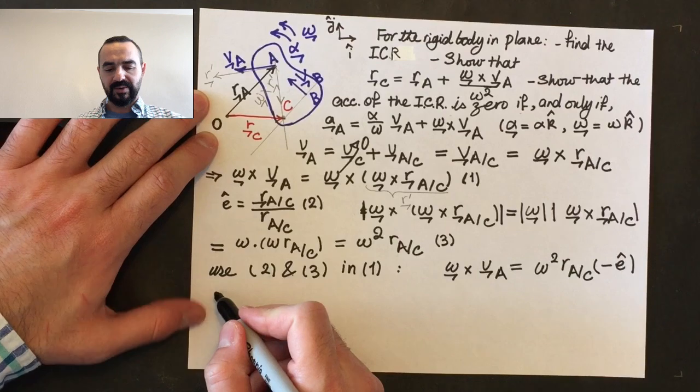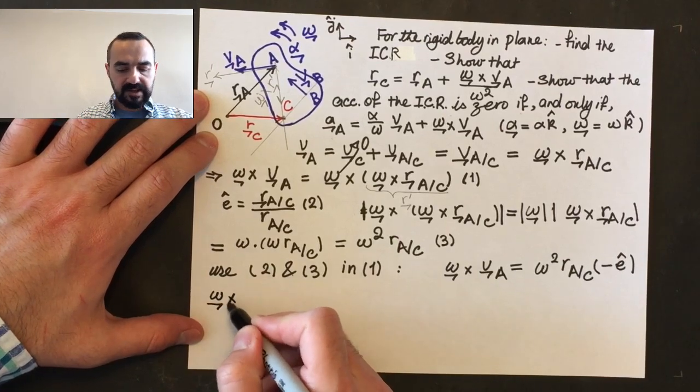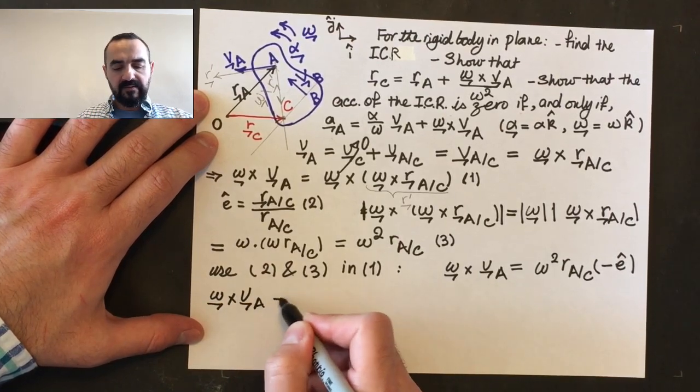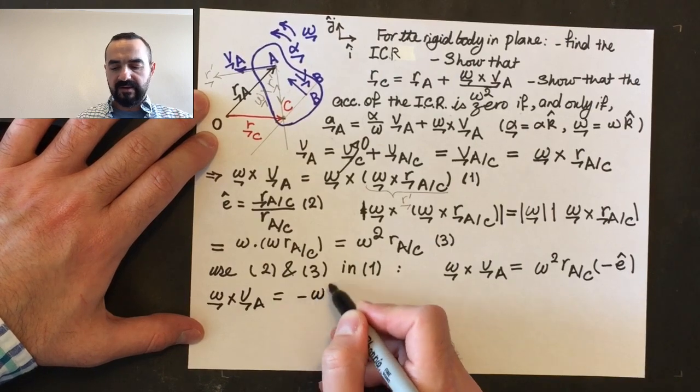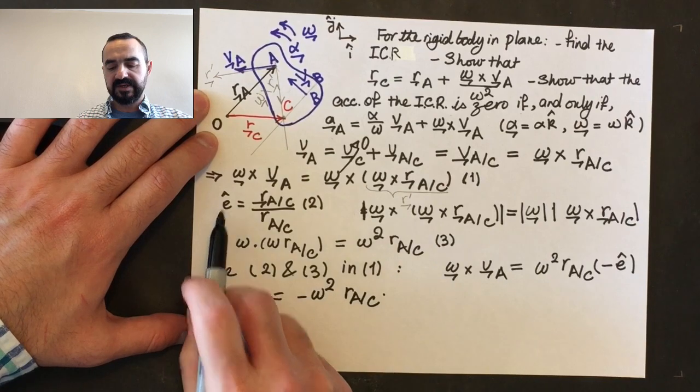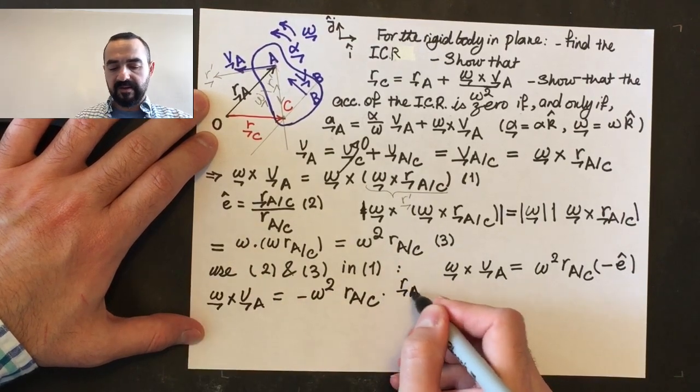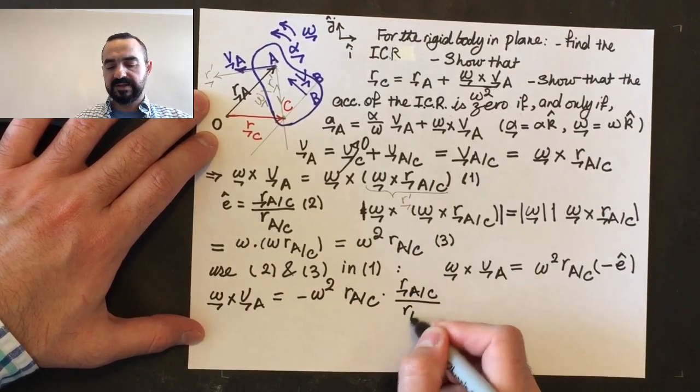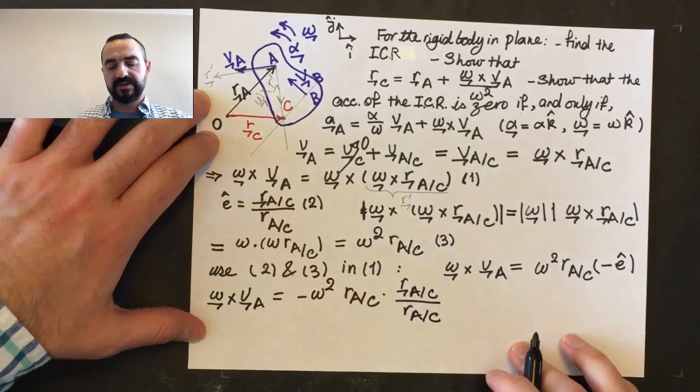Again, equation 2. Right-hand side, again, omega cross VA, left-hand side is negative omega squared RA with respect to C times e hat, and e hat is RA with respect to C over its magnitude.